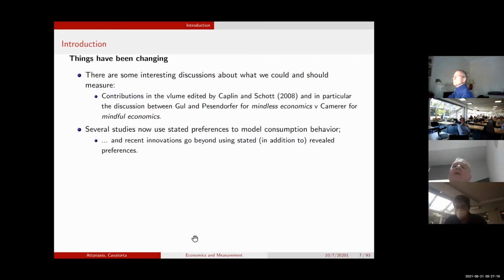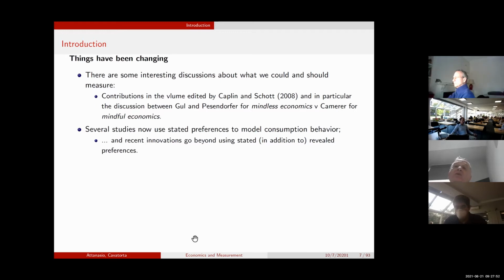They call that mindless economics because the reference is to measures of brain activity and the like. Instead, Colin Camerer, who has been a proponent of that, argues for mindful economics. It's an interesting discussion. Personally, I find really interesting bits in both papers. As I will argue, our position is a little bit in the middle between these two.